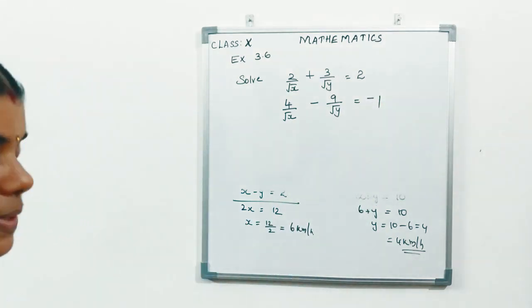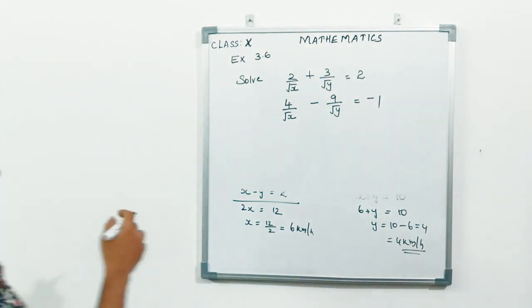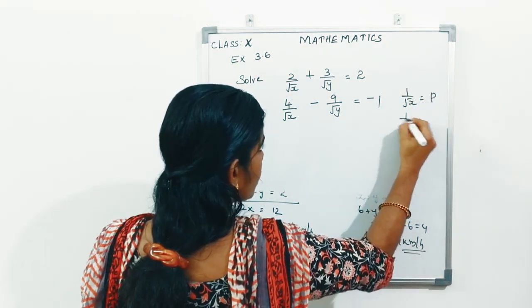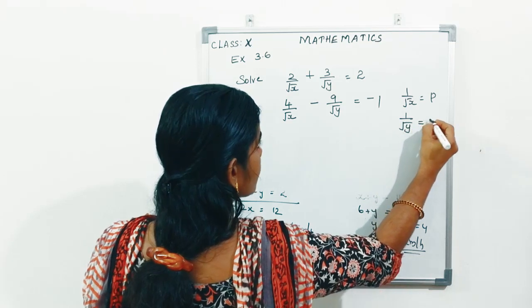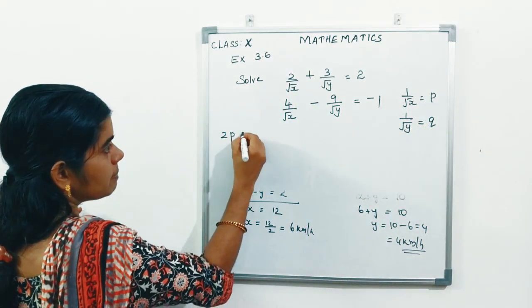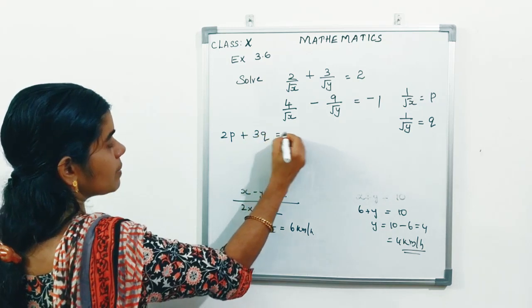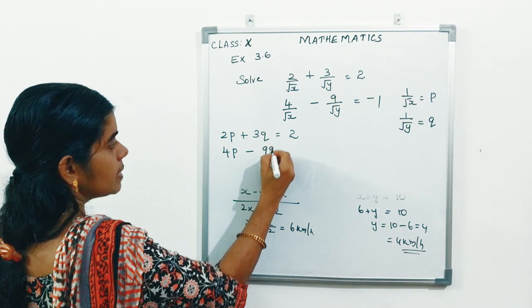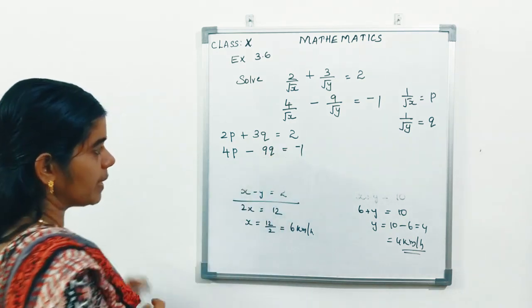This is the equation given. In the same way we can take 1 by root x is equal to p, 1 by root y is equal to q. Then what will be our equations? 2p plus 3q is equal to 2, 4p minus 9q is equal to minus 1.